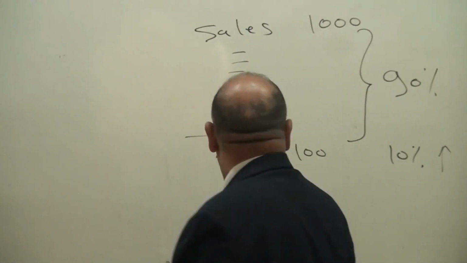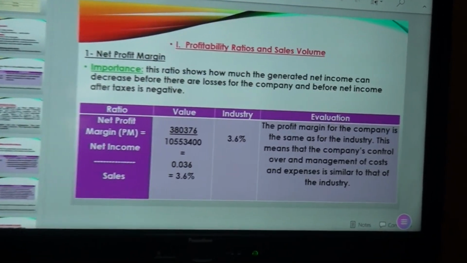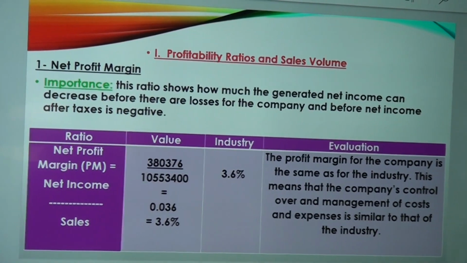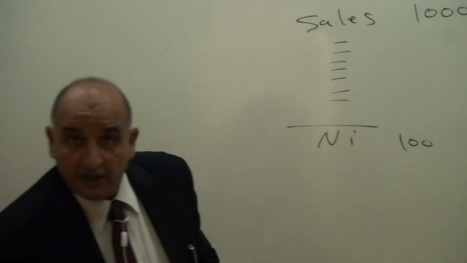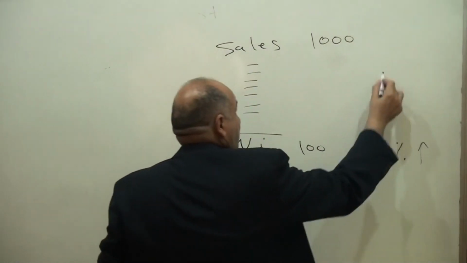Just imagine this: you have a ratio equal to 10%. This is our profit margin.